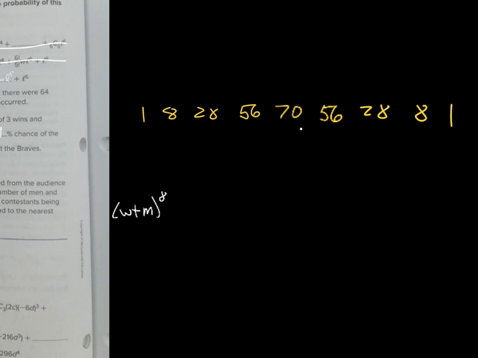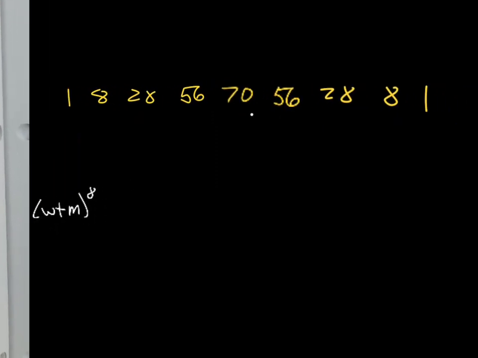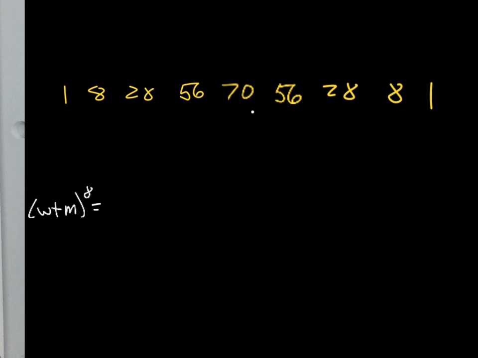Now, if you guys want, we can do this all at once. We can do the coefficients and the variables all at once. So what's the first term going to be then? Yeah, 1W to the 8th. I'm going to write the 1 because I don't want you guys to forget about it.